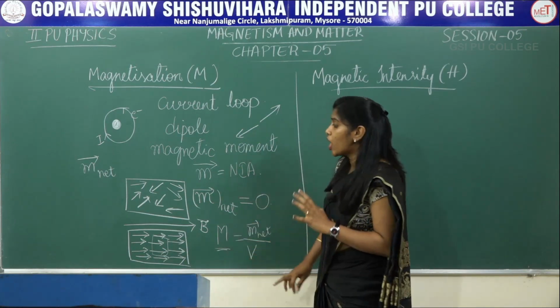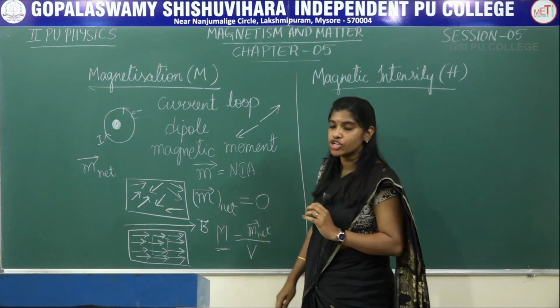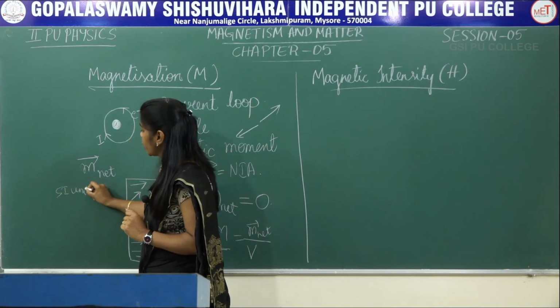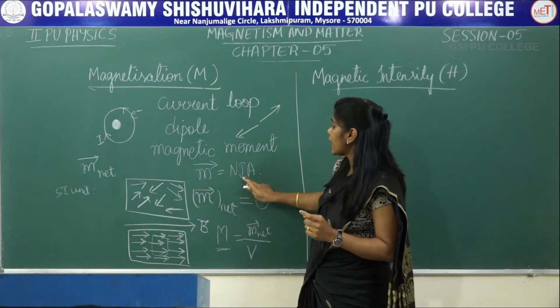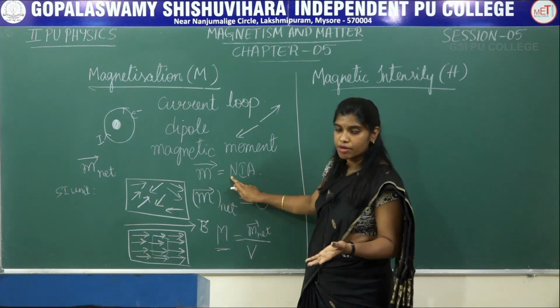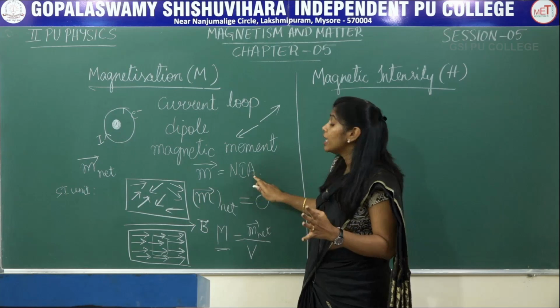And we are now going to write the SI unit and dimension for this magnetization. So tell me what will be the SI unit for this? As you all know, magnetic moment is NIA. I is ampere, N is the number of turns, let us forget about this. The unit of I is ampere.